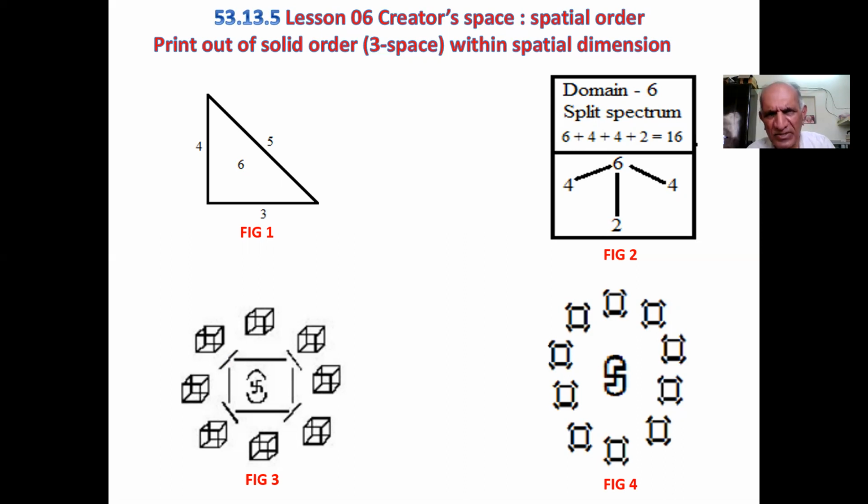One may have a pause here. One shall revisit this feature. The right angle triangle 3, 4, 5 and the fourth surface value 6 area units, as quadruple 3, 4, 5, 6 as such, is a printout of solid order 5 space body hypercube 5 within a surface.